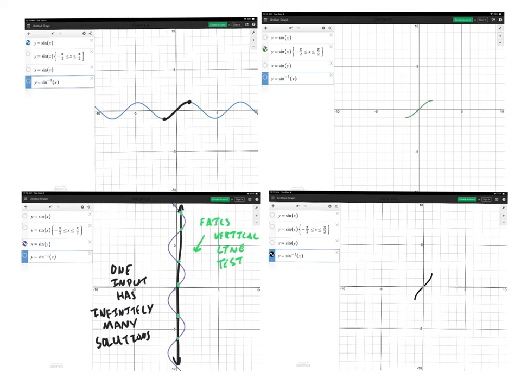And that allowed us to construct an inverse function, this one right here, inverse sine of x. Here, unlike this purple graph, every one input has exactly one output. So restricting the domain to negative pi over 2 to pi over 2 allowed us to construct this inverse function.